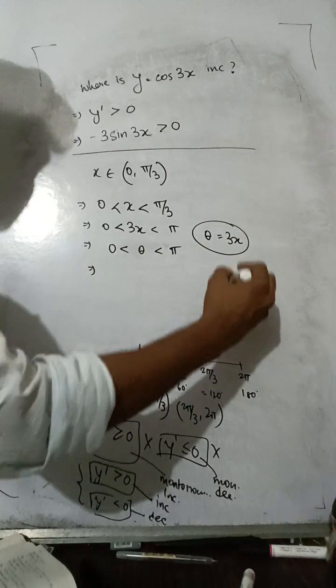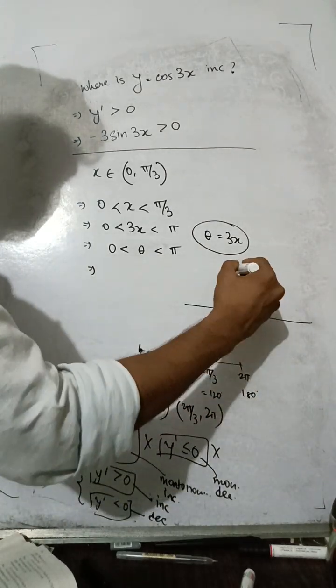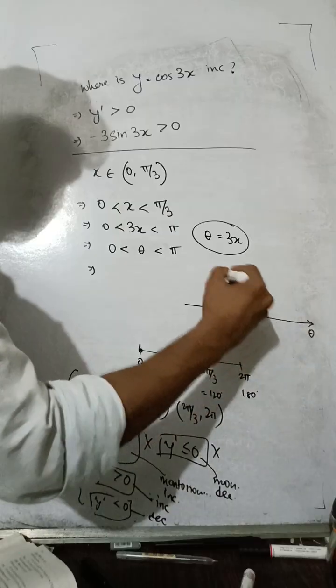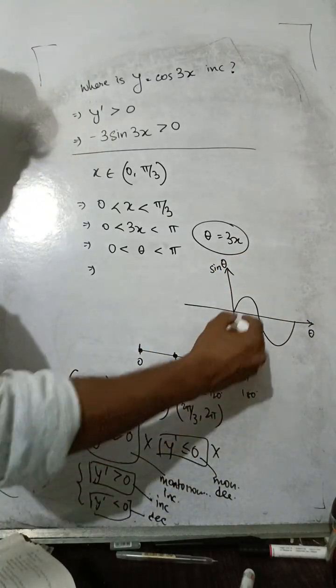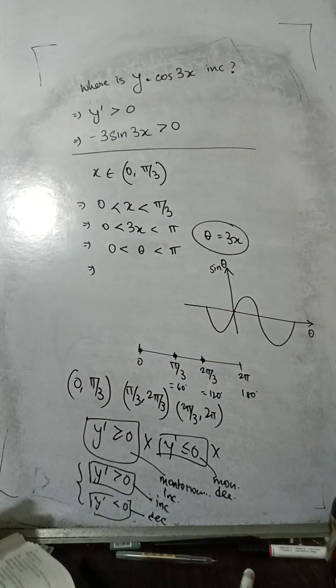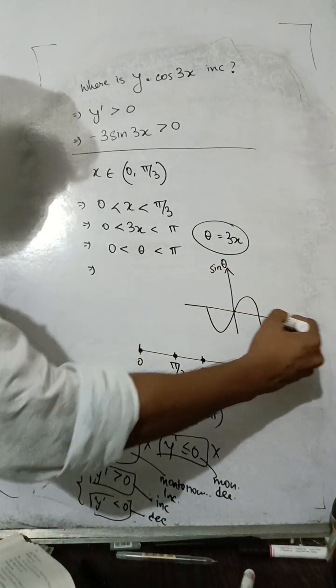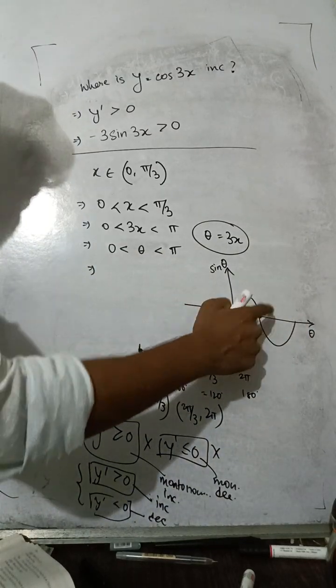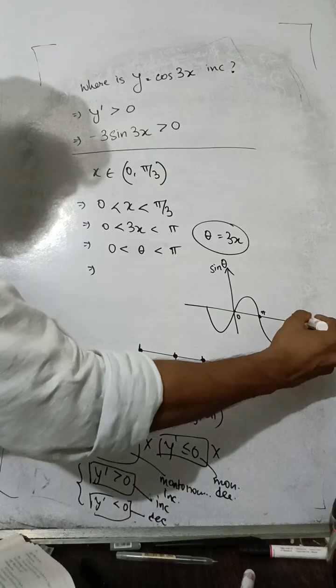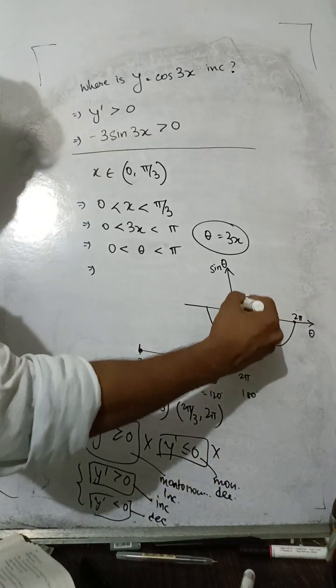And so let us draw the sine theta curve now. So this is theta, let this be sine theta. Something like this. From 0 to pi, so this is pi. Look, from 0 to pi, sine theta is always positive. It is always between 0 and 1.